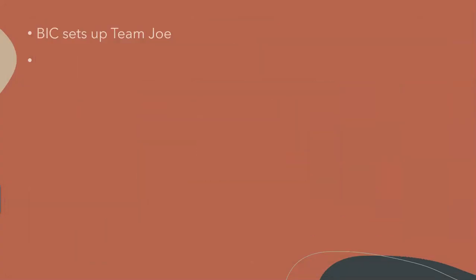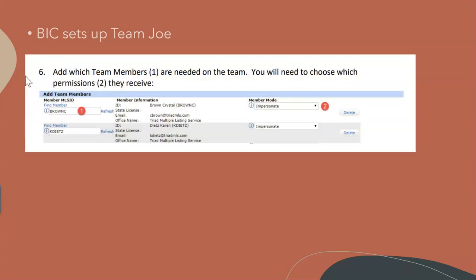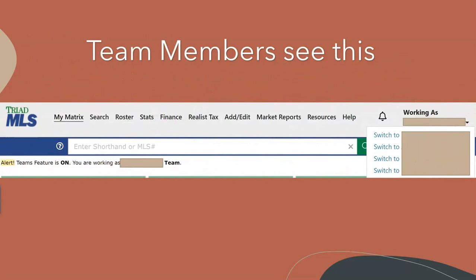Once the broker in charge has set up Team Joe, and when they get to step 6, the broker in charge is going to add all of the agents and unlicensed staff that are on Team Joe. All the team members, once logged into their own personal Matrix account, will see this on their dashboard, and they may use Switch to if they need to access one another's accounts.